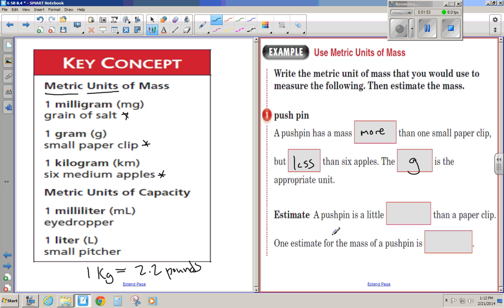A push pin is a little more than a paper clip. If a paper clip is 1 gram, our push pin could be 1.5 grams or 2 grams, something just a little bit more than 1 gram.